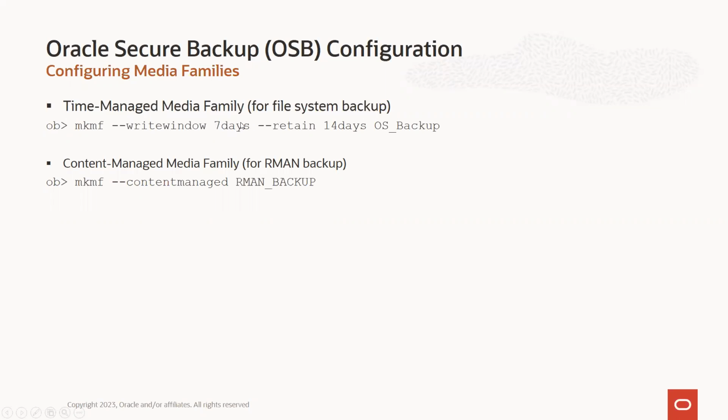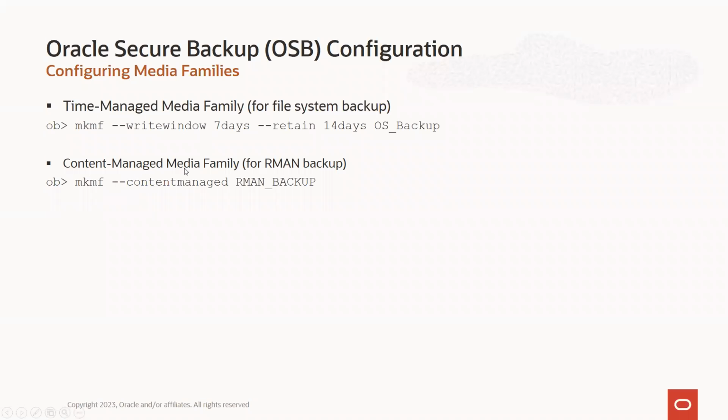So in the example here, the write window is 7 days and the retain option is 14 days. This means that the backup jobs can write to the tape for 7 days since the first write. After 7 days, the tape is closed and will be retained in the library for 14 days. So 7 days plus 14 days is 21 days. After 21 days since the first write, the tape can be a candidate for recycle or reuse.